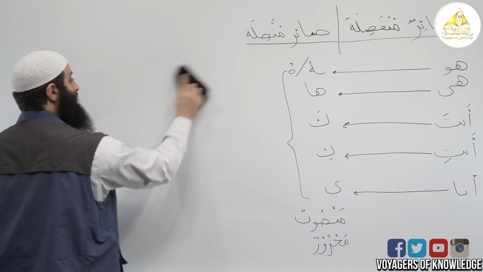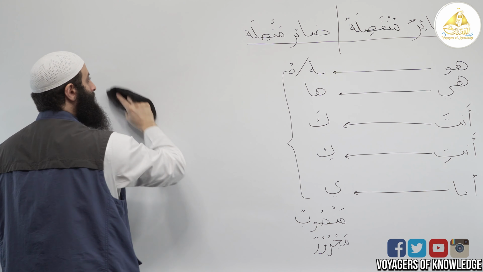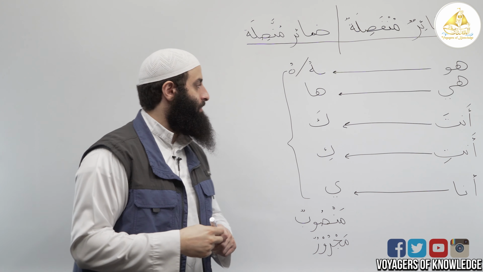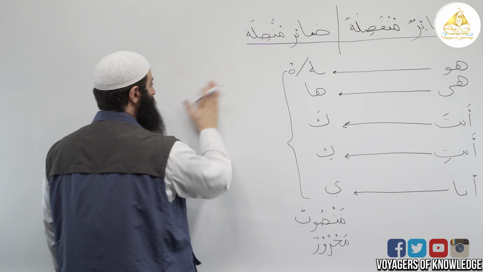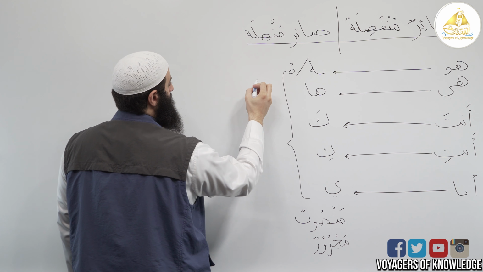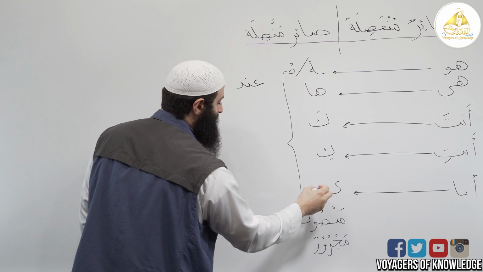What we're going to do with that is so that we don't just take the rules, we have to memorize them by usage and example. Alright. So, عند is what we want, and we want to attach عند to one of these.